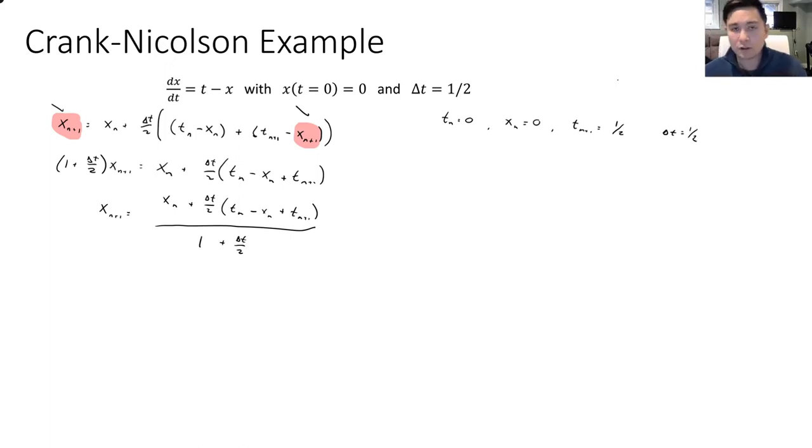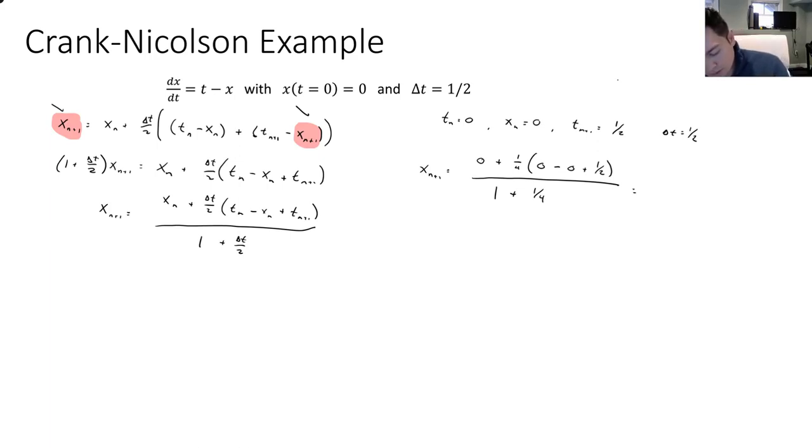So you can take those four values, plug them into our equation, and say that, okay, x of n plus 1 is equal to x of n, which is 0, plus delta t by 2, which is then 1/4, times t of n, which is 0, minus x of n, which is 0, plus t of n plus 1, which is 1/2, all divided by 1 plus delta t by 2, which is 1/4. That's going to give us, on the top, a 1/8, and at the bottom, a 5/4. And that reduces to 1/10.